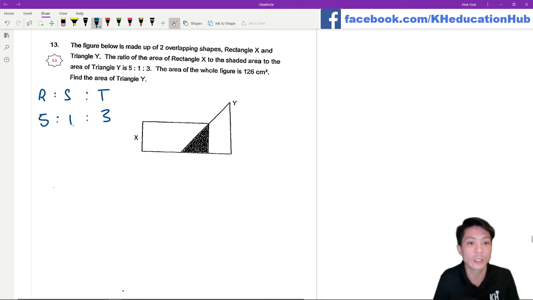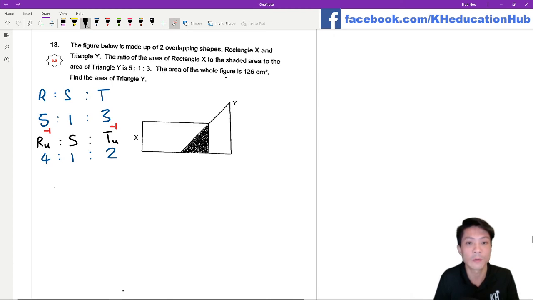So since the shaded area is 1 unit, I'm going to minus 1 unit from both of them, because I want to get the area of the unshaded parts. Which will give me 4:1:2. This is the ratio of the rectangle unshaded to the shaded part to the triangle that's unshaded.